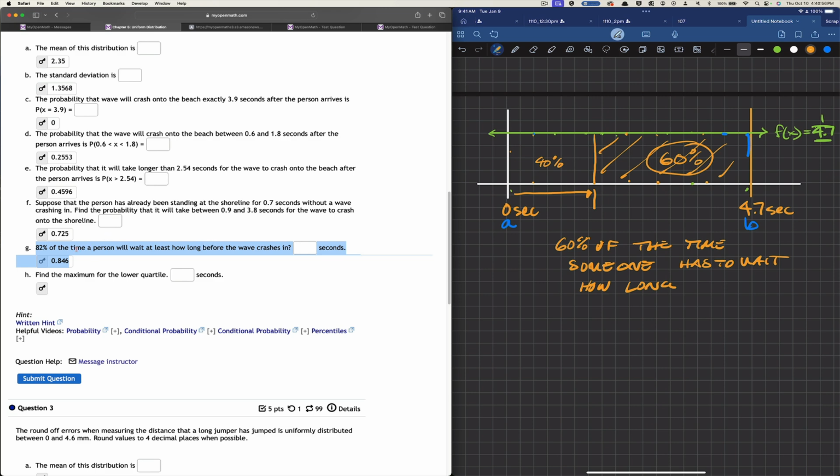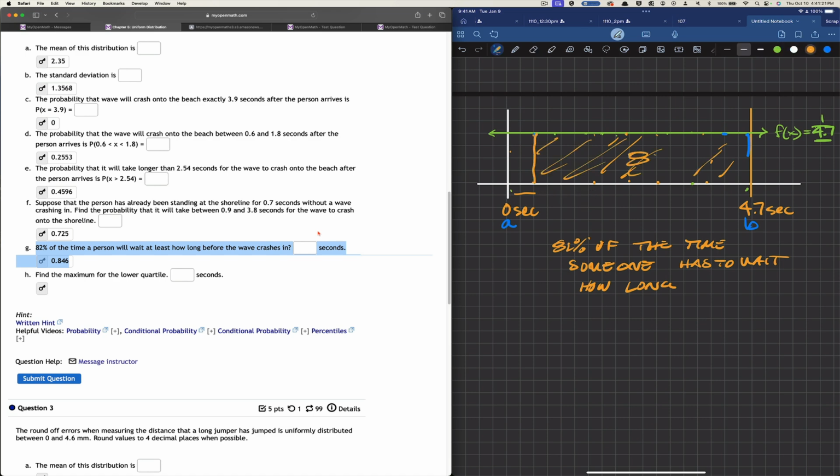Okay? Now, let's apply that 82% instead of 60%. Now we're talking about 82% of the people. 82% of the people have to wait how long? Well, 82% really means that I'm pushing this line to the left over to here.